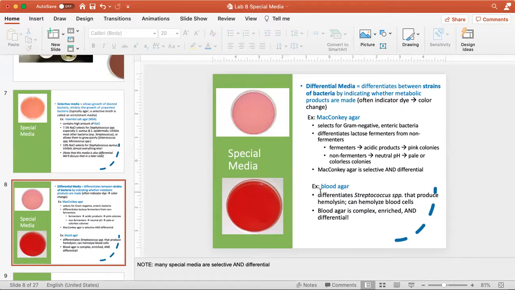Those strains have an enzyme called hemolysin. Hemolysin is what breaks apart the red blood cell. So if we were going to categorize blood agar, we would call it complex or enriched, and we would also call it differential. It's going to differentiate strains of Streptococcus that can break apart red blood cells.